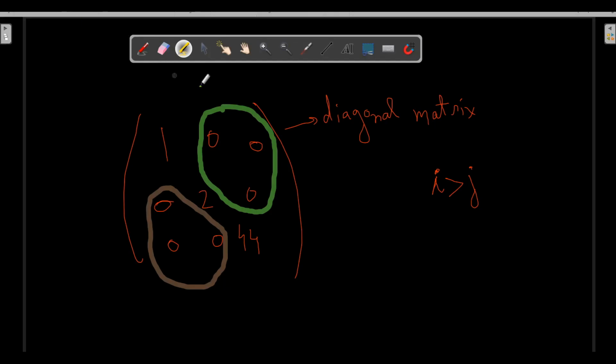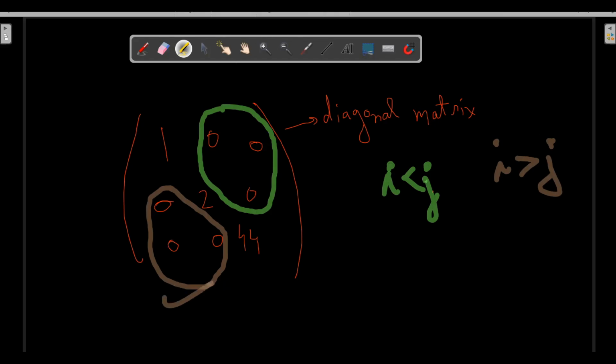Let me erase this first. So i is smaller than j for the green area, and i is greater than j for the brown area.